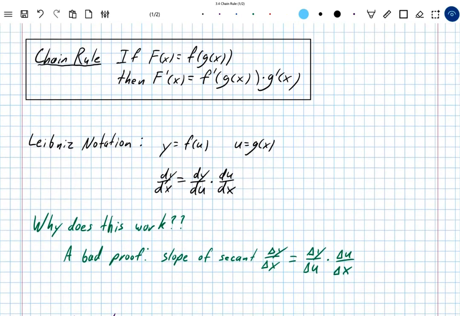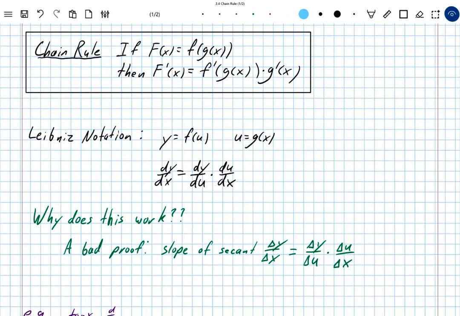Why does this work? Here is a really bad proof. So if I think about the slope of a secant line, it's the change in y over the change in x. Delta y over delta x, I know you chemistry folk use that all the time. Well, I could just rewrite this, thinking about the same notation as above, as the change in y over the change in u times the change in u over the change in x.